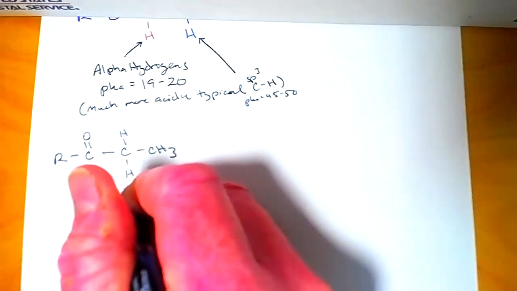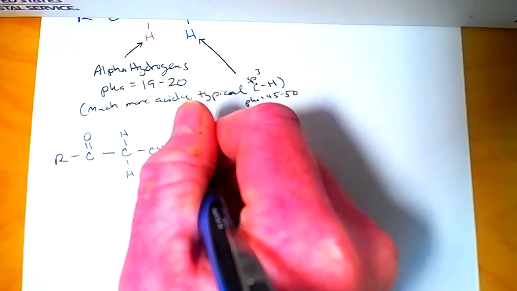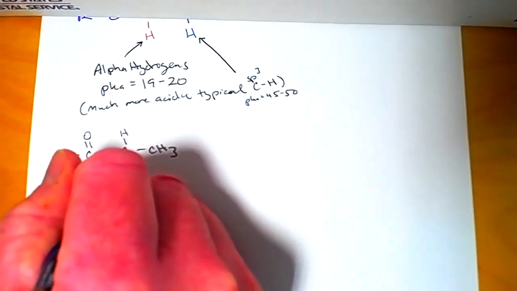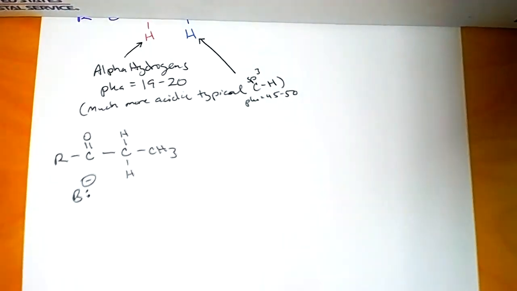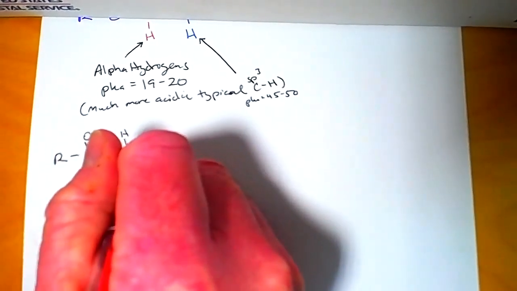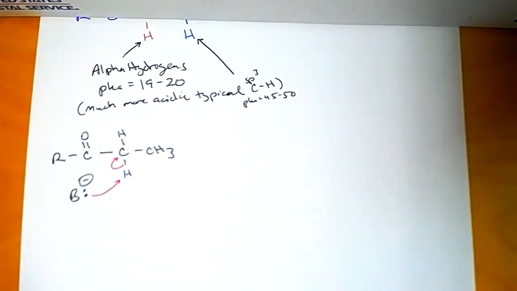So if I were to redraw that compound showing these alpha hydrogens, and treat this with, let's say, base B, that could deprotonate that hydrogen. I'm going to draw this so that the electrons go onto that carbon atom right there.